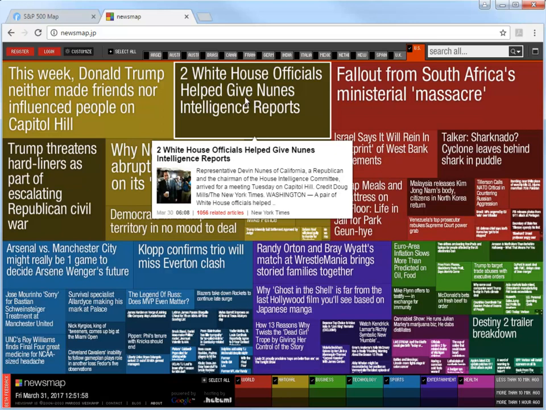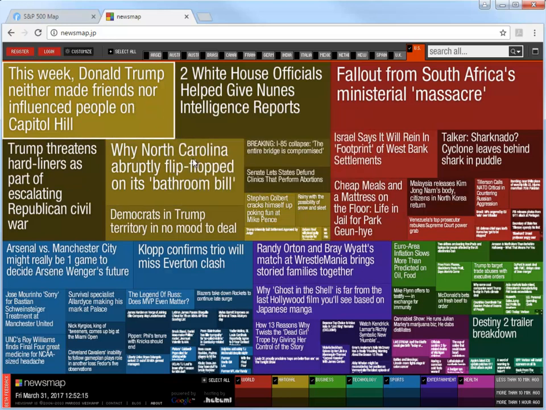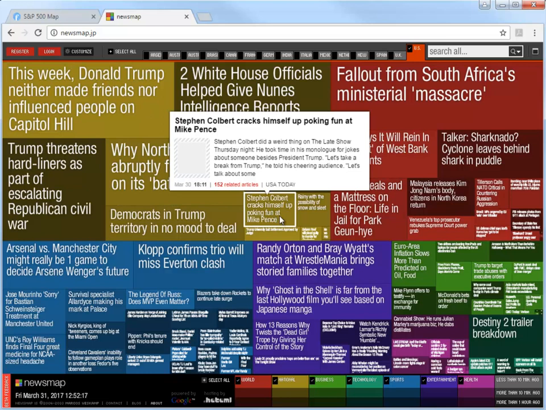This one's just a little bit over 1,000. And then if we take a look at the Stephen Colbert poking fun at Mike Pence story, there's just 150 related articles to it. So you can see that the relative area of each is defined by the number of related articles.